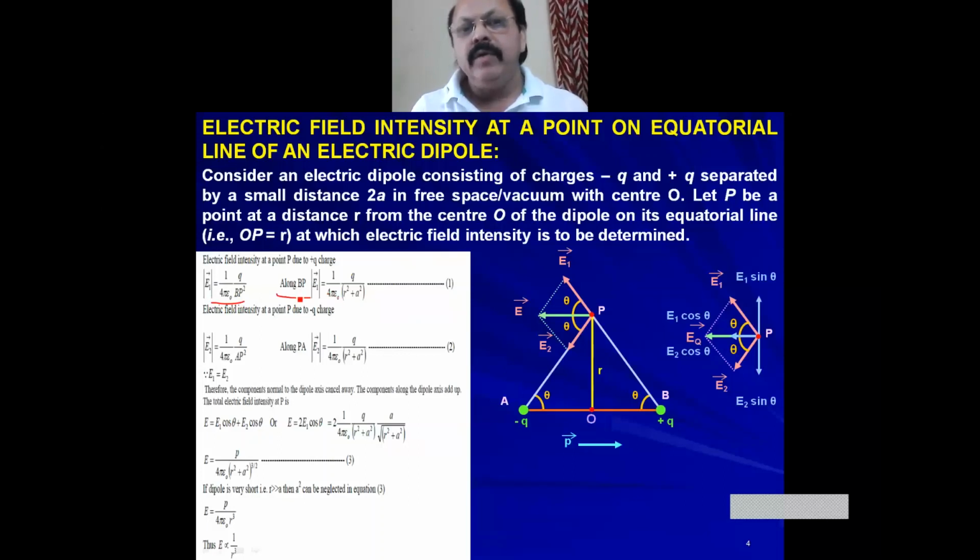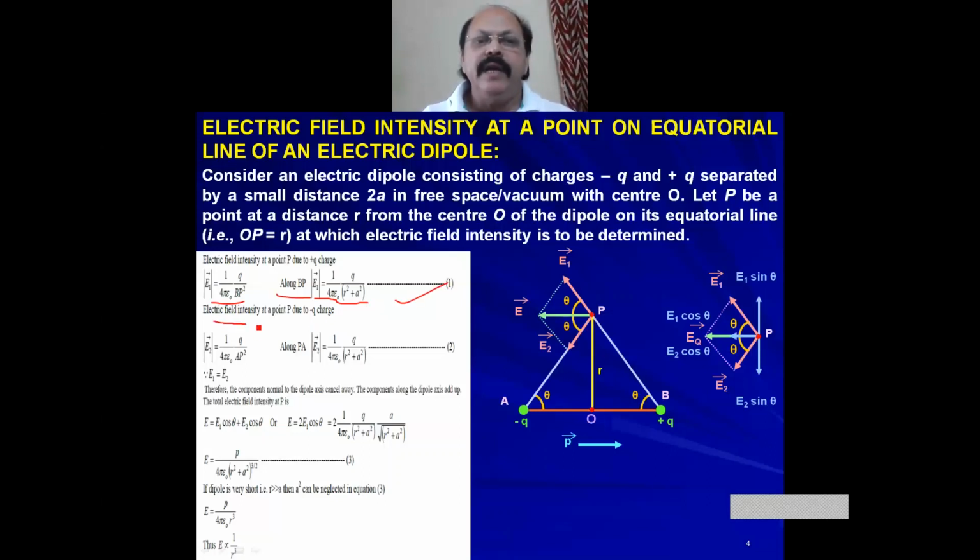Now BP equals under root r square plus a square. Substituting this value, the equation becomes E1 vector mod equals 1 upon 4 pi epsilon naught, q upon r square plus a square, as the under root gets cancelled. Mark this as equation number 1.